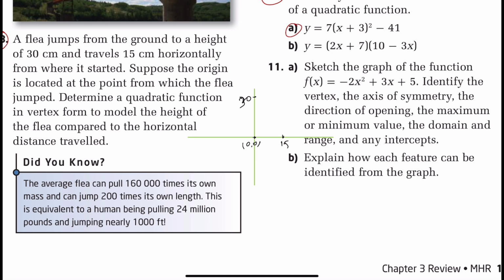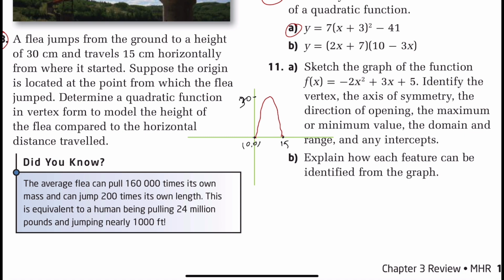So where is my symmetry axis? It will be at half of this, so it will be 7.5. So my jump will be like this, because it jumps and goes back. From here I can see this is 15, the horizontal distance it went.